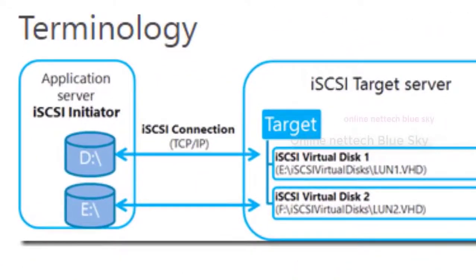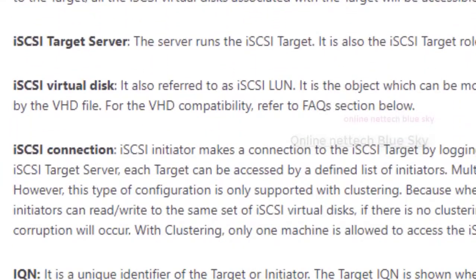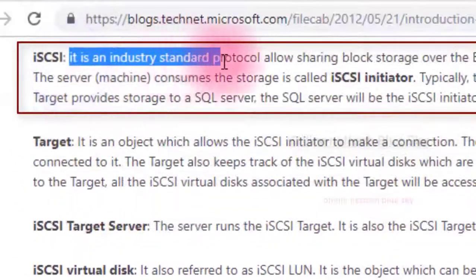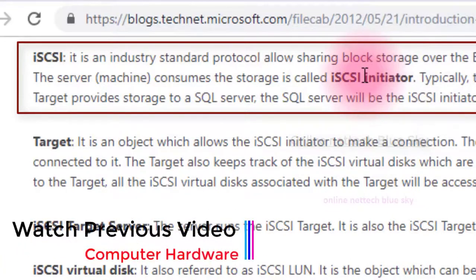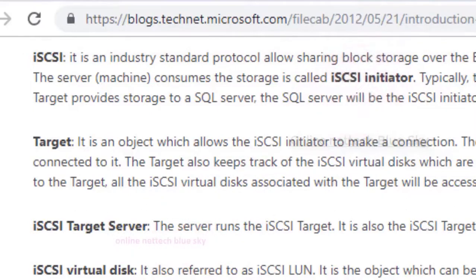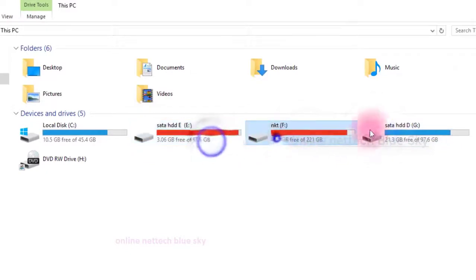So first you want a hard disk, and connect the hard disk with your main computer server, and create iSCSI systems in storage. So an iSCSI disk is a target, the iSCSI industry standard protocol that allows you to share block storage over your systems here. The server machine that consumes your storage is called the iSCSI initiator. The server always tries to give the best performance to the client computer for your system data.